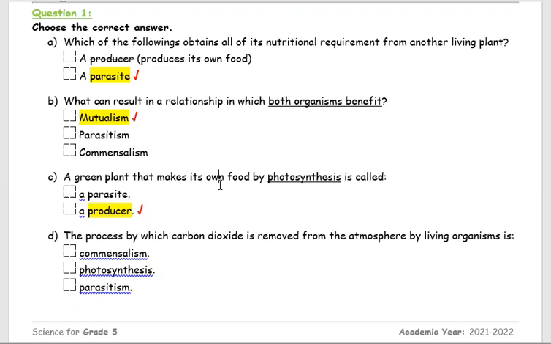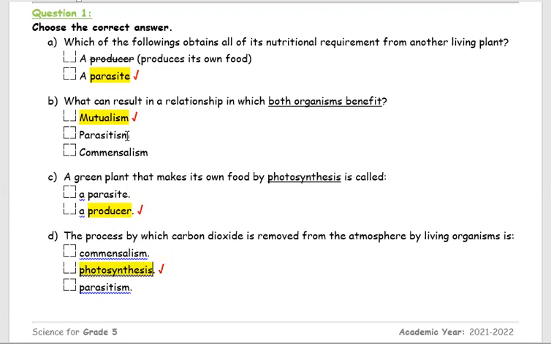The process by which carbon dioxide is removed from the atmosphere is: which process requires or needs carbon dioxide to be done? Is it commensalism, parasitism, or photosynthesis? It's for sure photosynthesis.